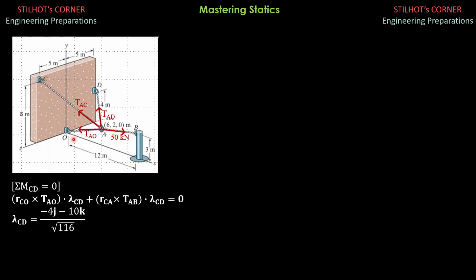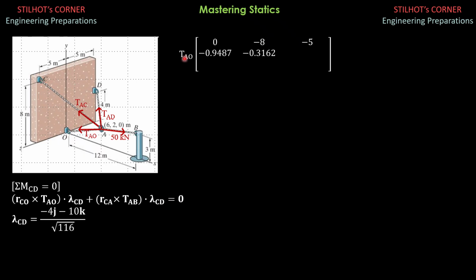Then CO is 0 minus 0, so 0 along x, then along y, 0 minus 8, so negative 8, going down also. Then along z, 0 minus 5, so negative 5k.